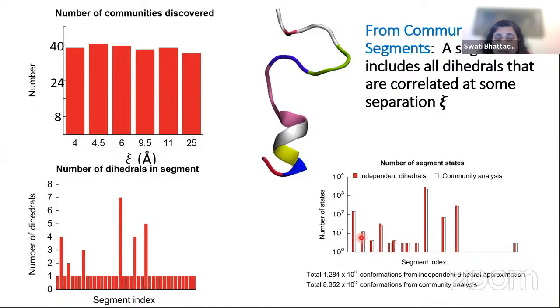The red color shows the number of states that we can theoretically propose for each segment coming from the independent dihedrals assumption, and the white colored bars show the number of states that were actually seen in our SMD calculations, and we see that they're practically the same. So that means we're able to actually see all of the segment states at least.